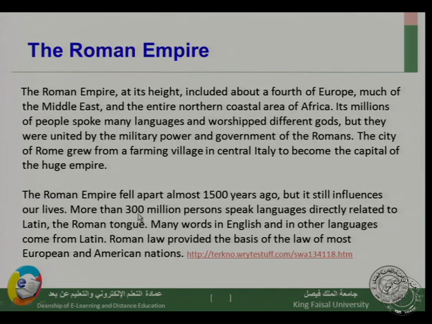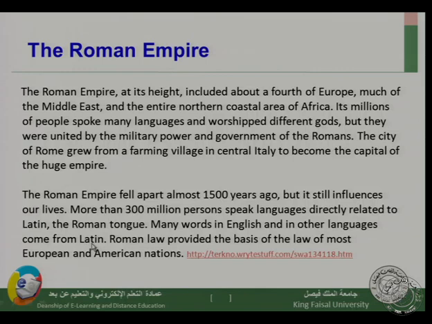More than 300 million persons speak languages directly related to Latin. Latin is the Roman tongue, the Roman language. Many words in English and in other languages come from Latin.